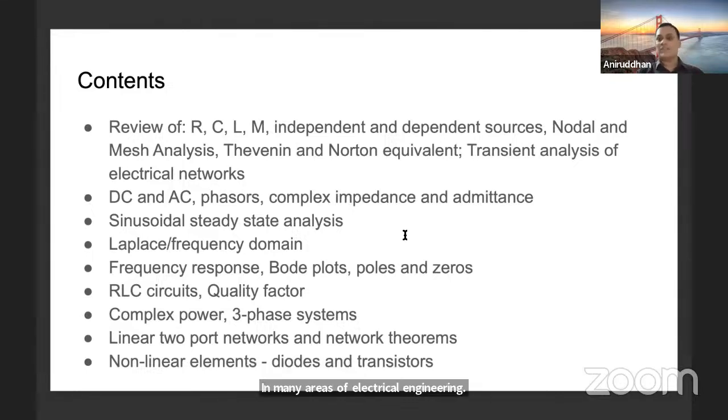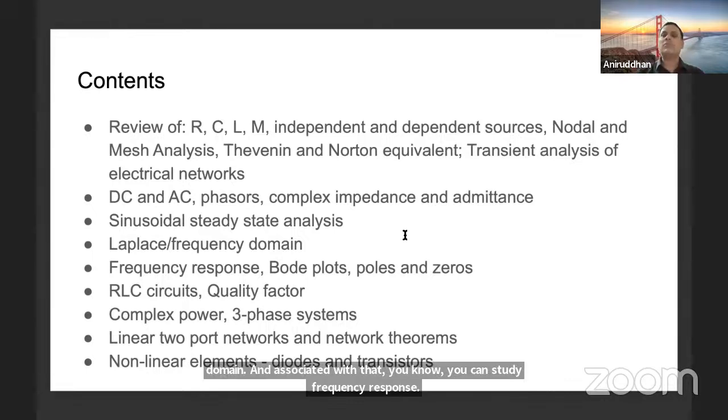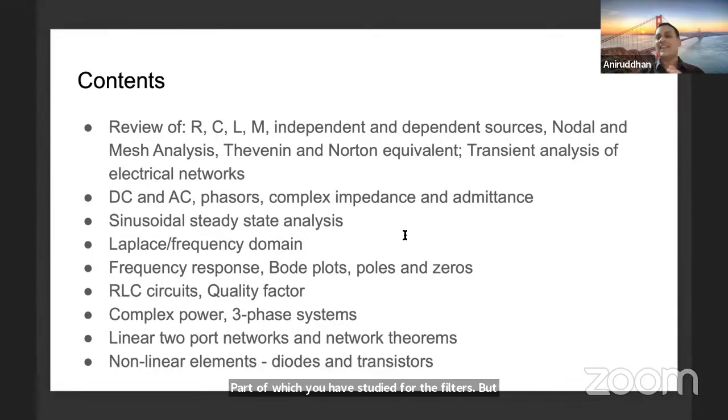So that is the Laplace domain or the frequency domain. There are various domains, but in this course, we will introduce what is useful for you for circuit analysis, which is the Laplace frequency domain. And associated with that, you can study frequency response, part of which you have studied for the filters, but again, more systematic ways of understanding complicated circuits.